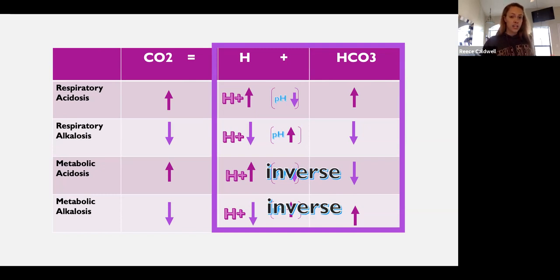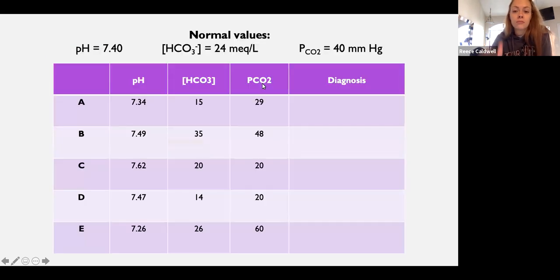And that changes carbon dioxide levels in a quick second. So we can't always use carbon dioxide to solve, but these hydrogen and bicarb ions, if you get this relationship, with the respiratory diseases they're the same direction, and with the metabolic they're inverse, then solving the next problems will be really easy. So I definitely recommend memorizing this right here.